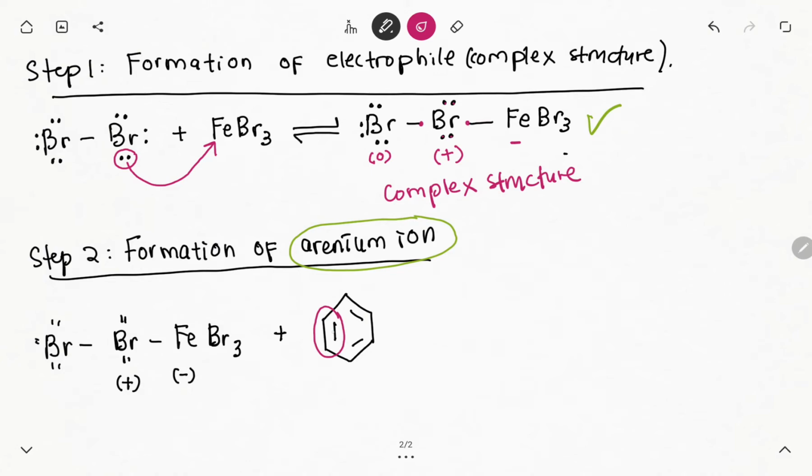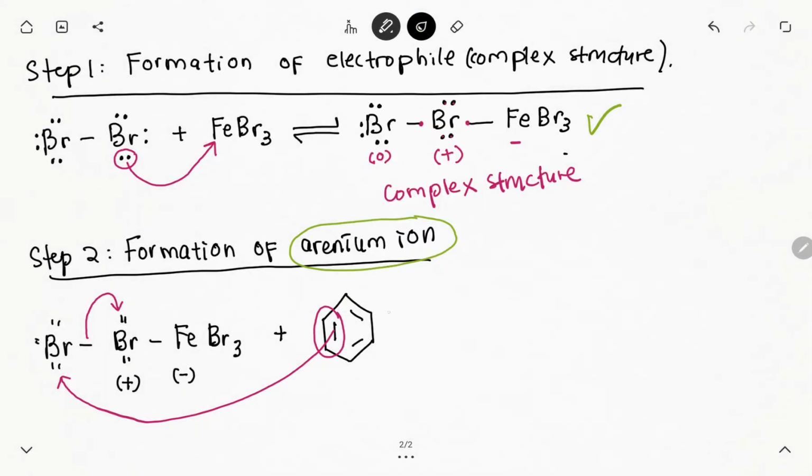One of the bonding pairs will attack the first bromine atom in the complex structure, and a covalent bond forms between them. Simultaneously, the bond between the two bromine atoms breaks, and the two electrons go directly to the bromine atom, because this bromine in the molecule is electron deficient. The product is formed as an arenium structure.